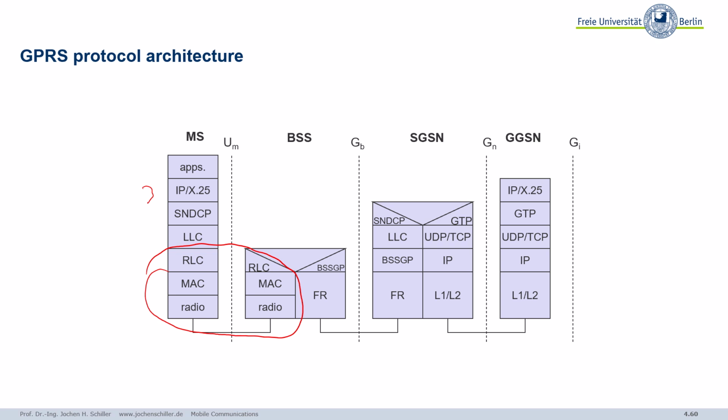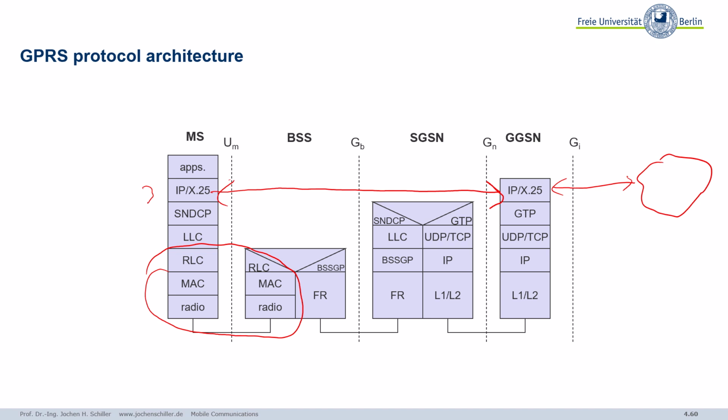And you see that now, and that's new, we can use IP across many other protocols special for mobile networks and frame relay and whatever technology. But here we can use IP as we are used to do in the internet.